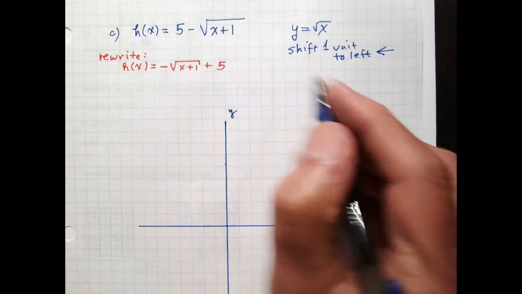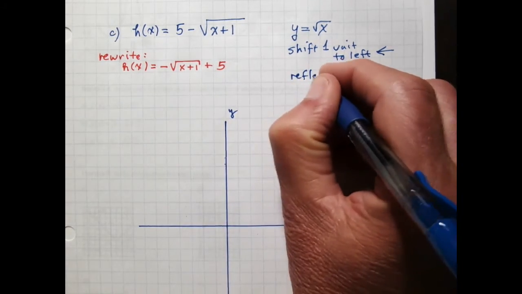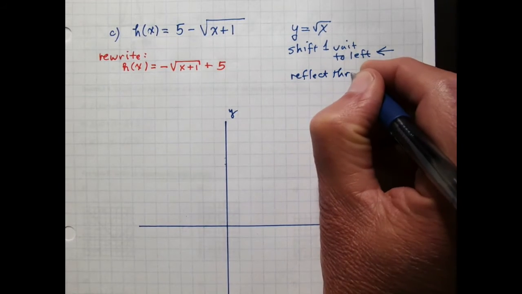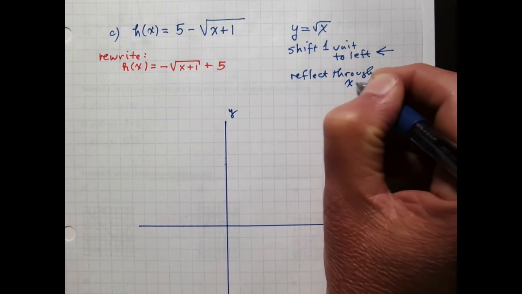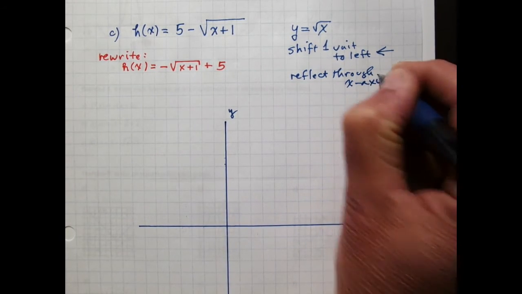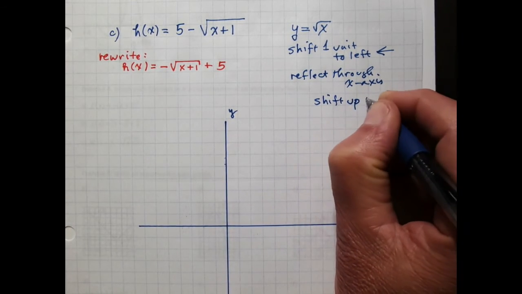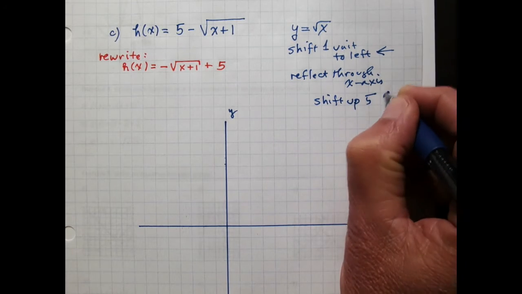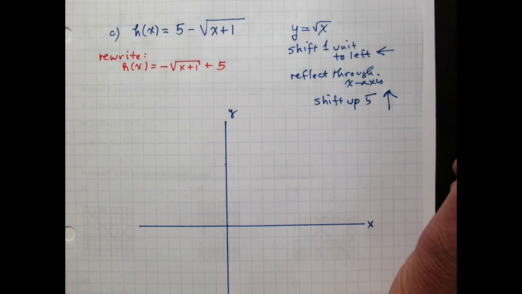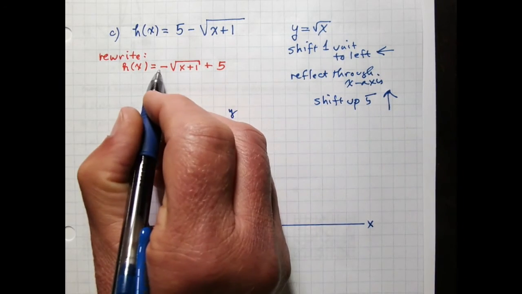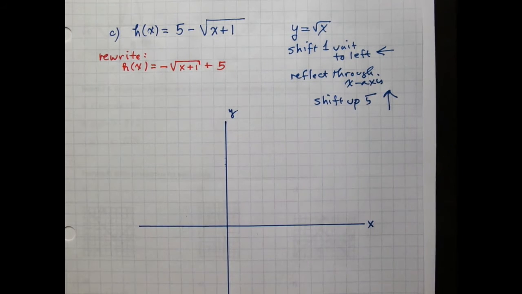Next, working my way out, I'm going to reflect through the x-axis, and then I'm going to shift up by 5 units, shifting upward vertically. So the plus 1, the minus sign, and the plus 5 are 3 separate transformations.